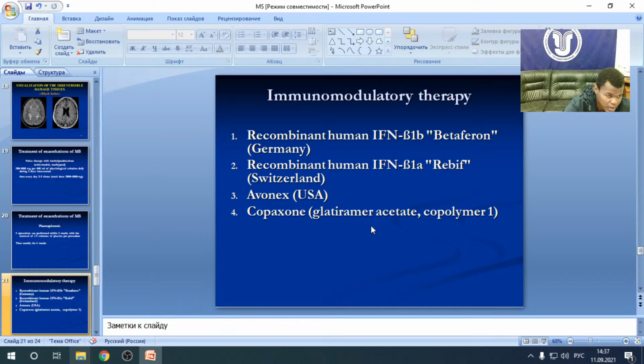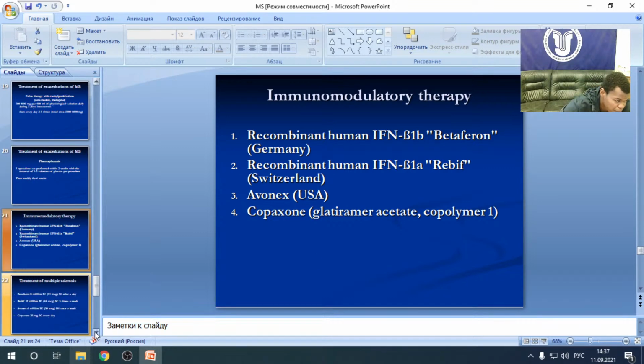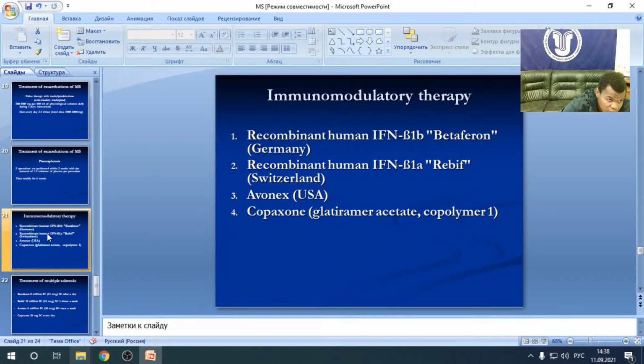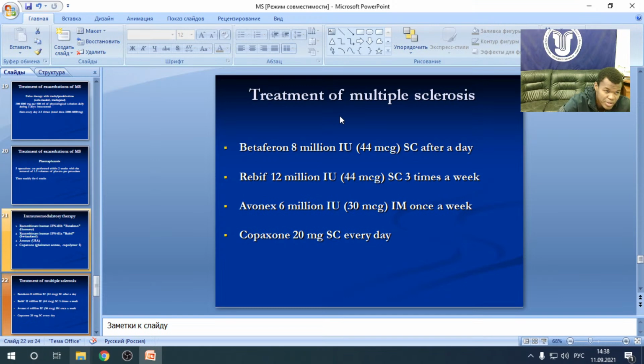Immunomodulatory therapy. Here you have Betaferon, which comes from Germany. You have Rebif from Switzerland. You have Avonex from the USA, or also Copaxone. So all these immunomodulatory therapies are used. How do you treat with them?